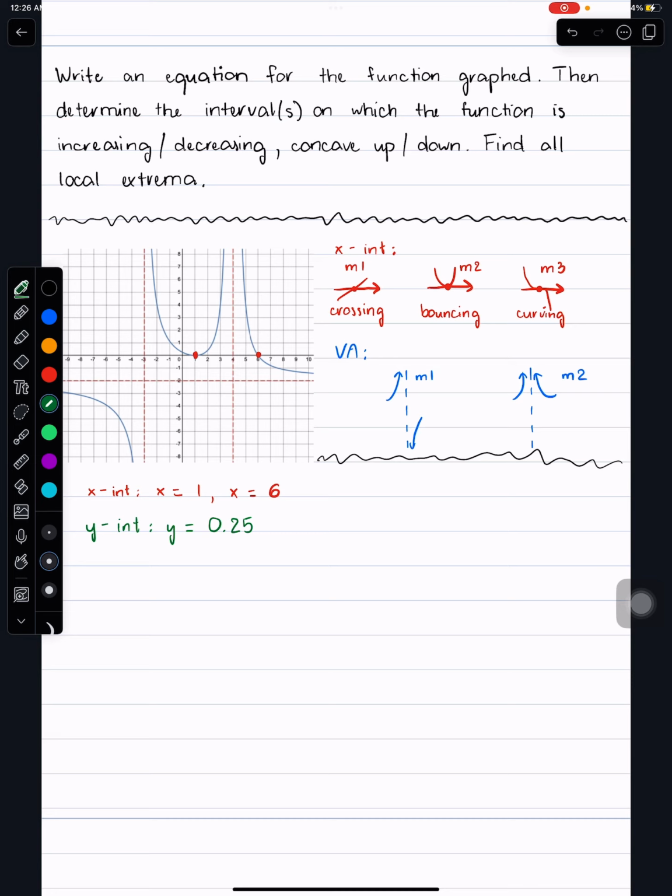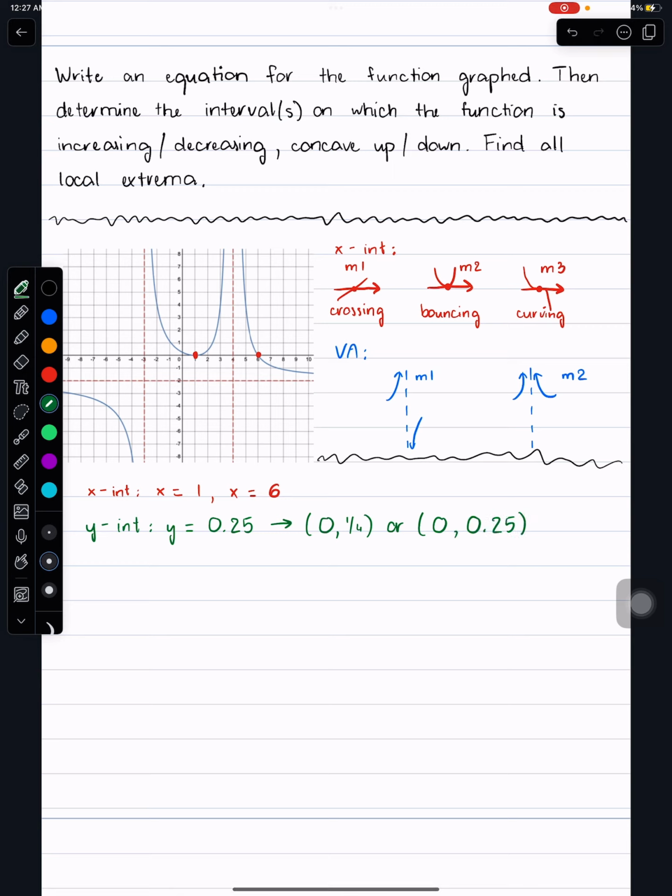If it's a non-terminating decimal, I would prefer a fraction. If you want to, you can put it as a point, and we all know y is the second value of the point, so for the y-intercept you go 0, comma, a fourth, or the other way, 0, comma, 0.25, like this.